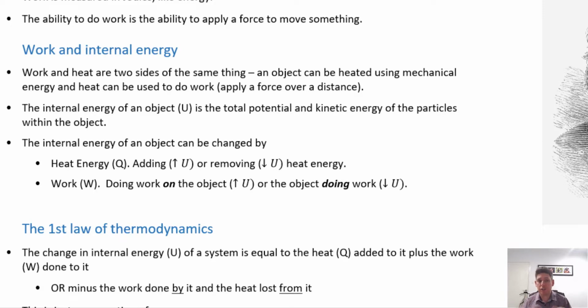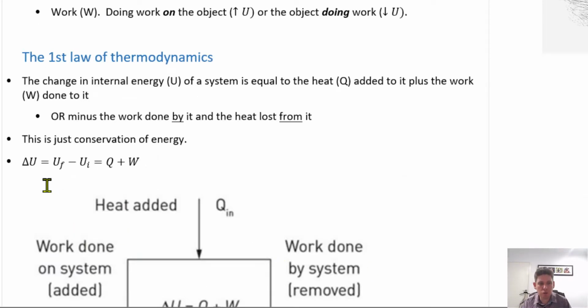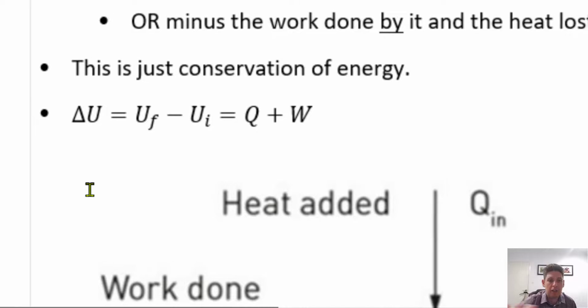And you could do the reverse of this. The work done by it, or the heat lost from it, is equal to the internal energy lost. So we have this rule. This is like the mathematical version of that. The change in internal energy is equal to the final internal energy minus the initial. And you can see the subscripts there.